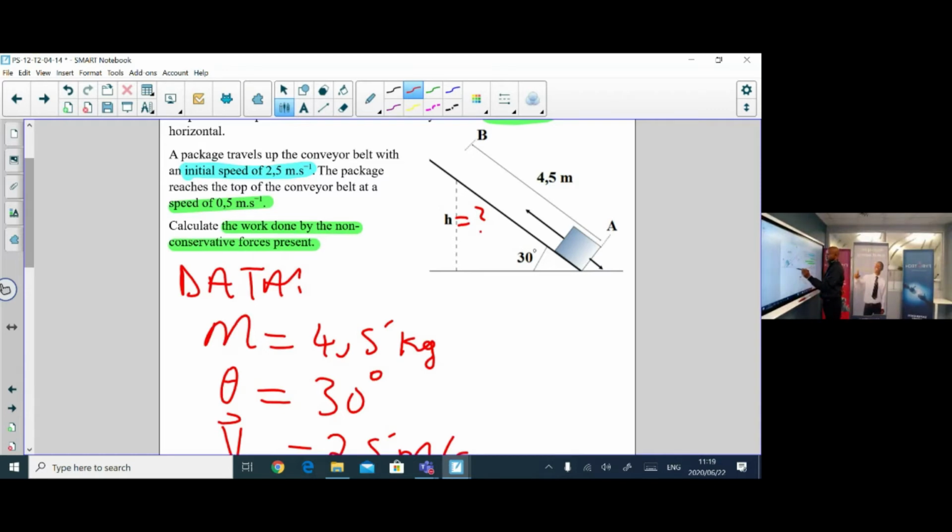This is adjacent, ADJ. This is OPP. This is HYP, hypotenuse. We have adjacent, opposite, and hypotenuse. You have to go back to mathematics and trigonometry. Hypotenuse there is given. We have 4.5.